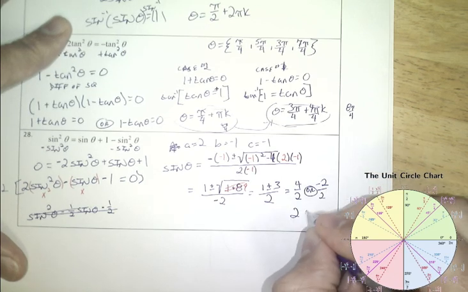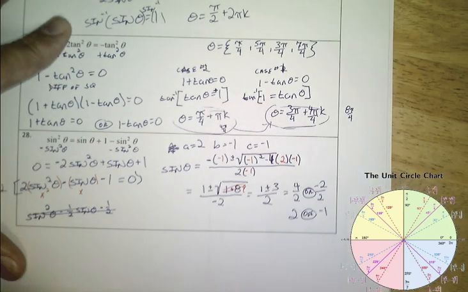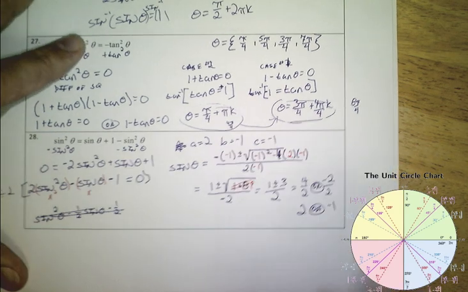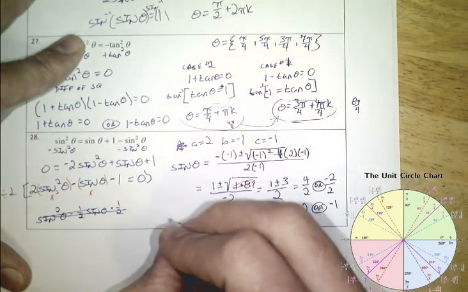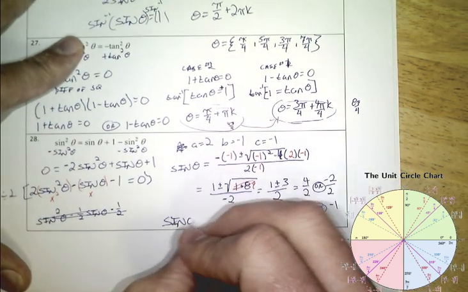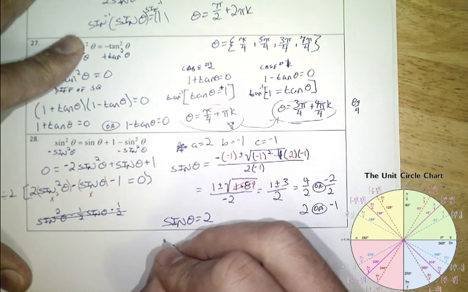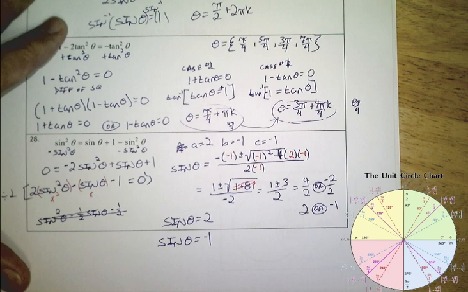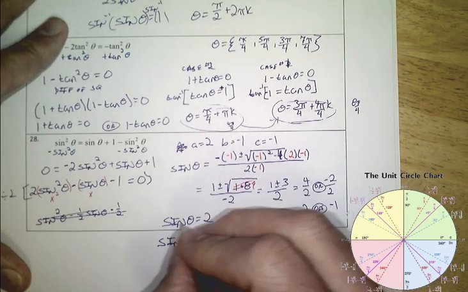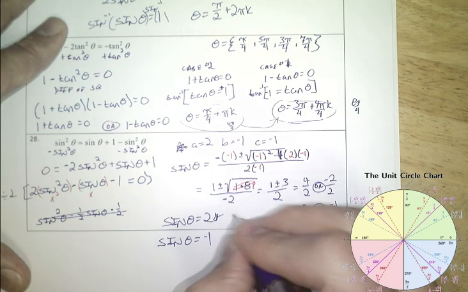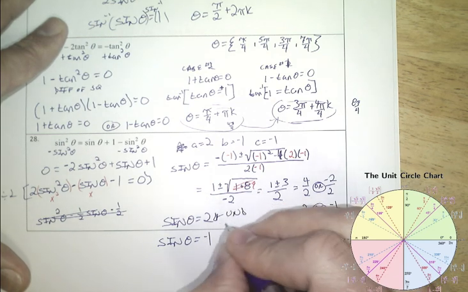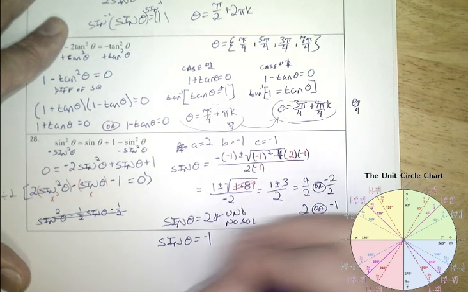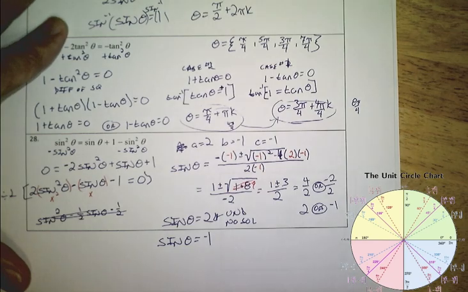So we have 2 or negative 1. So sine theta is equal to 2, or sine theta is equal to negative 1. Well, if sine theta is equal to 2, this is undefined, so there are no solutions. It cannot be greater than 1.